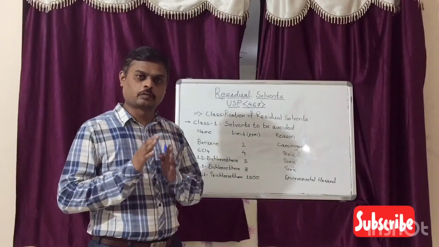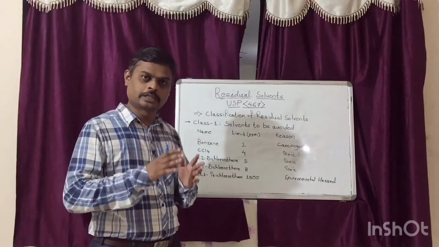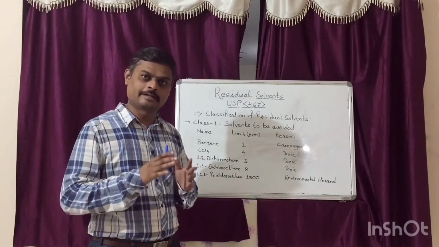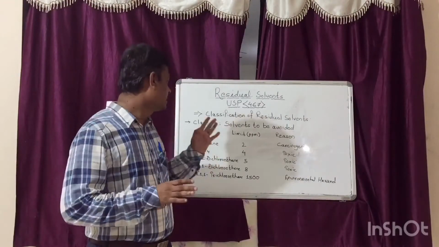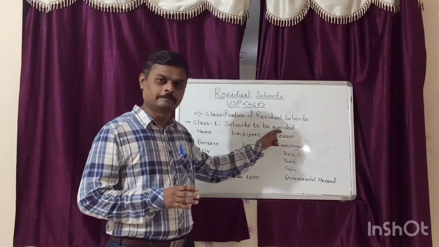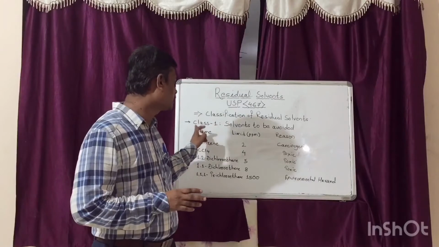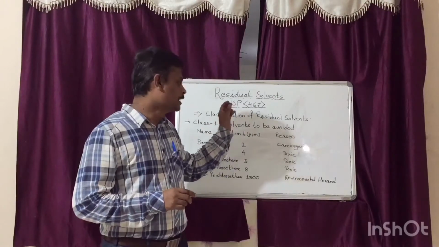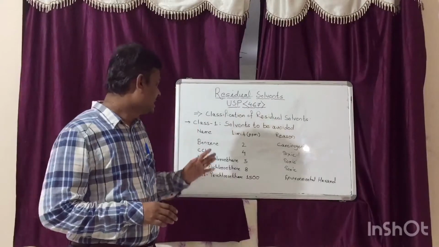The residual solvents are categorized into 3 different classes based on their relative toxicities and risk assessment. The solvents which fall under class 1 should be avoided. It means that these solvents should not be used in the manufacturing of pharmaceuticals.